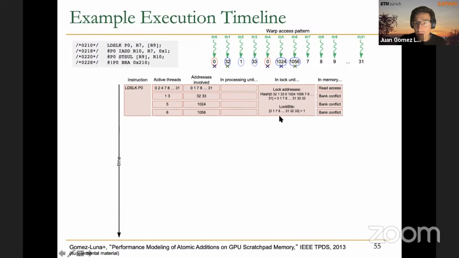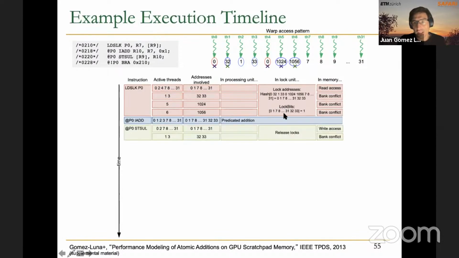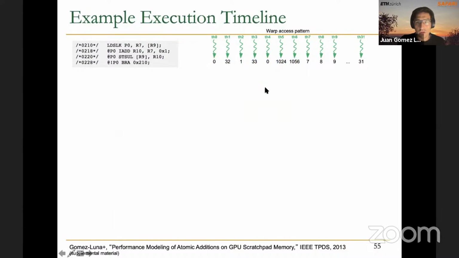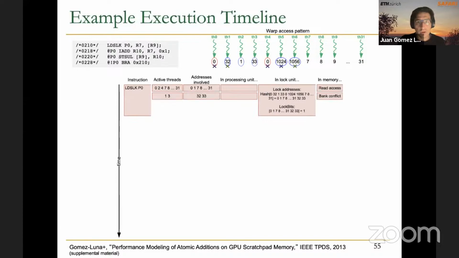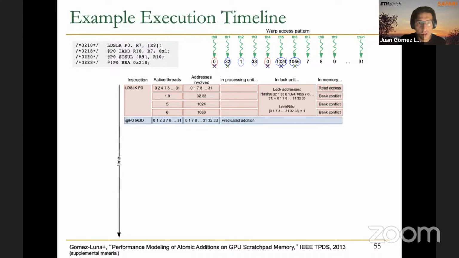And at the same time, only one of the threads that needs to access those memory addresses that share the same lock bit can really succeed when acquiring the lock bit and can continue the execution. That's the reason why, for example, you don't see that thread 4 is active here.